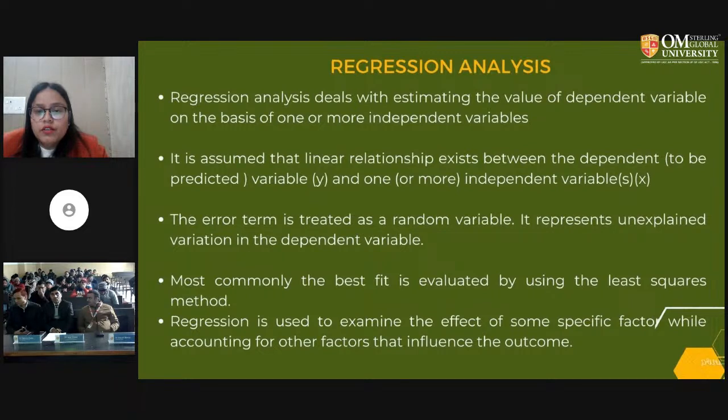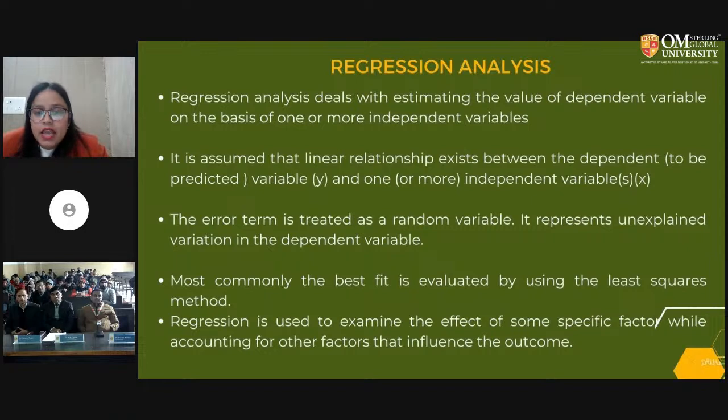Now, talking about regression analysis, it basically deals with estimating the value of the dependent variable on the basis of one or more independent variables. Generally, if the objective of your study is to check the effect of one variable over another variable, you can apply regression analysis. Before applying regression analysis, you have to assume that there is a linear relationship between the dependent variable and independent variable.